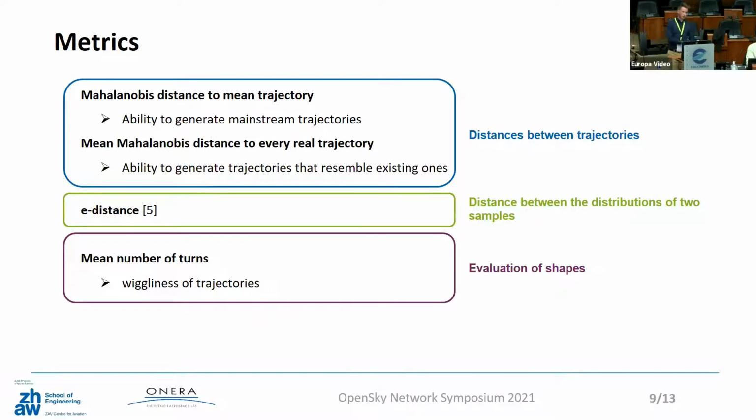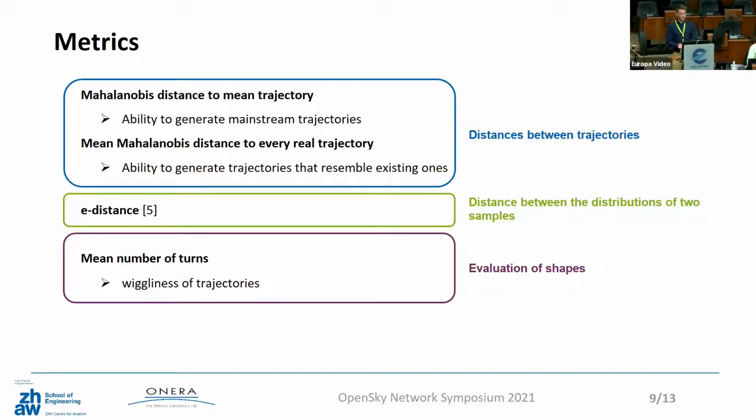Finally, for the theoretical part of the presentation, we present here the metrics we use to assess the quality of the generated trajectories. First, the Mahalanobis distance based on the trajectories, so those are distances between trajectories. This is the Mahalanobis distance to the mean trajectory, which represents the ability to generate mainstream trajectories that are in the belly of the distribution.